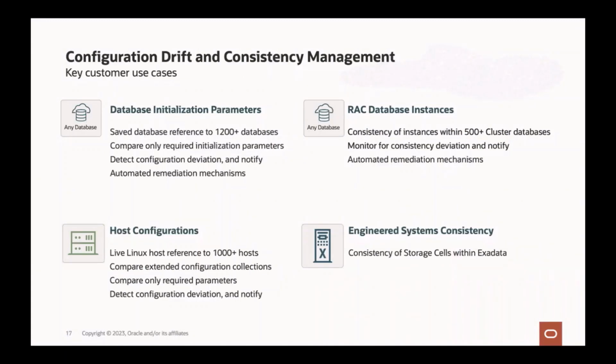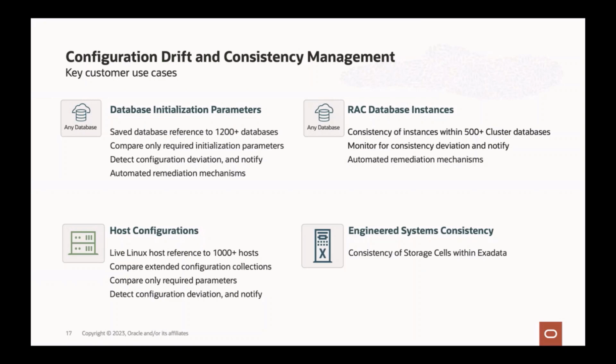Let's look at some real use cases where configuration drift plays a role. Typically, customers have requirements to compare. For instance, you may have a need to compare specific parameters that align with your best practices as well as security. The goal is to detect any configuration deviations, make sure there is notification, and then remediate each of those deviations to be compliant with the baseline.